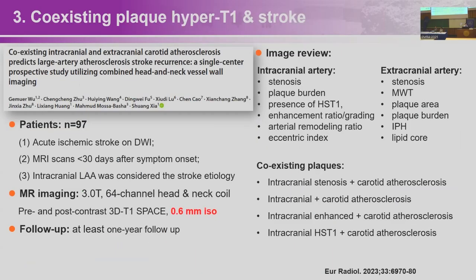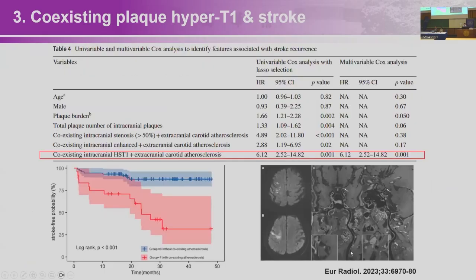In a prospective study, investigators found that coexisting intracranial plaque features, especially hyperintense T1, the pattern coexisting with carotid plaque, is the highest predictor for recurrent stroke compared to the other plaque features.